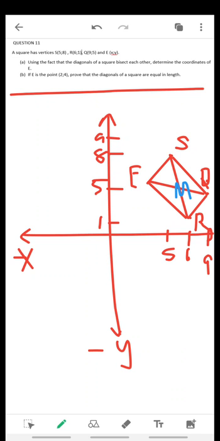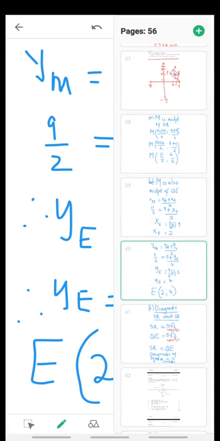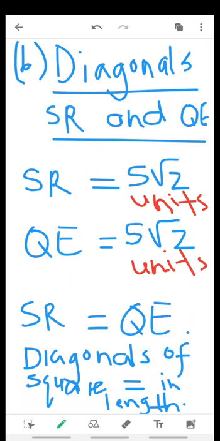Okay, so I've done that. I've calculated the length of SR using the distance formula: 1 mark for the formula, 1 mark for substitution, 1 mark for the answer. Please do the calculation. So SR, I found that it was 5 root 2 units.